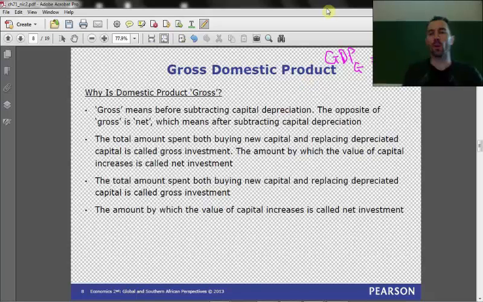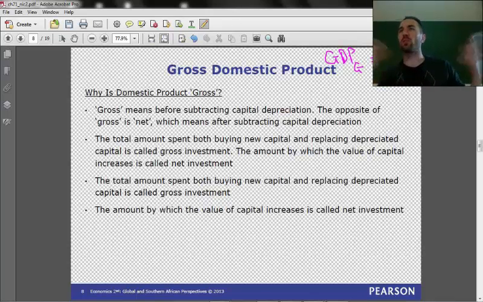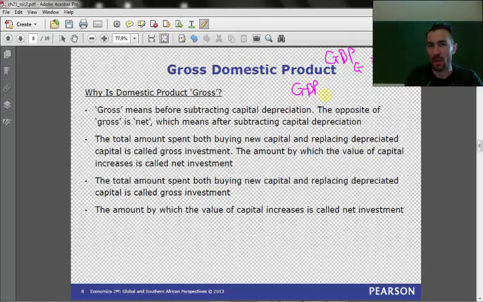Net GDP says, if I take my gross GDP, how many things did I produce, including machines, minus the reduction in the value of those machines that got used up because of depreciation. So I could write this equation in a slightly different way and say GDP gross minus depreciation equals GDP net.